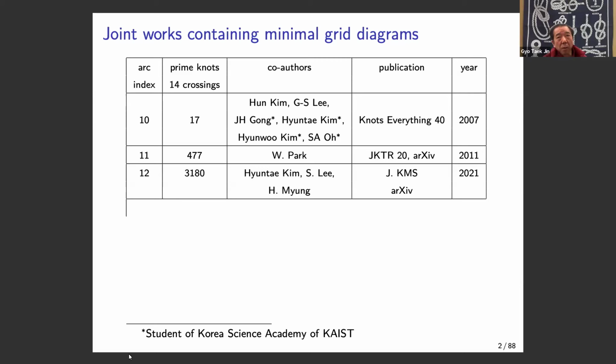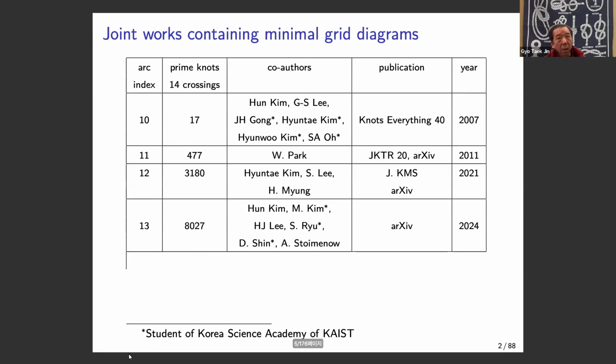This article appears in the Journal of Korean Math Society, but it only includes the 10 crossing knots, and the list of 14 crossing knots appears in the corresponding article in the archive.